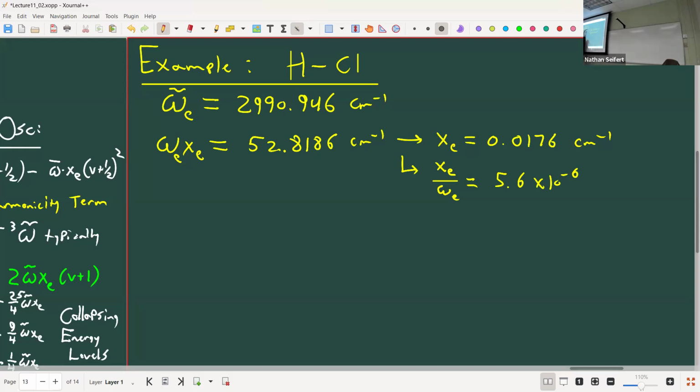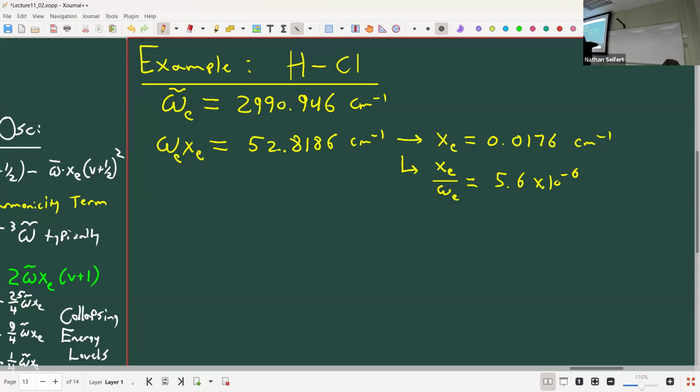Remember, omega E is the energy of the spring as a harmonic oscillator. X sub E is the correction for anharmonicity. So the size of X sub E tells you a little bit about how anharmonic the system is compared to the omega E. And here X sub E is 5.6 ppm, a very small value.